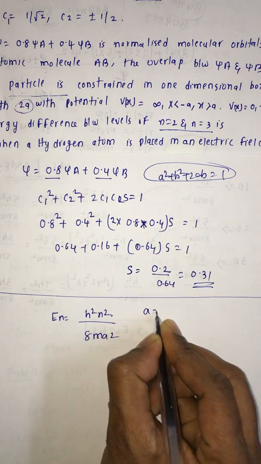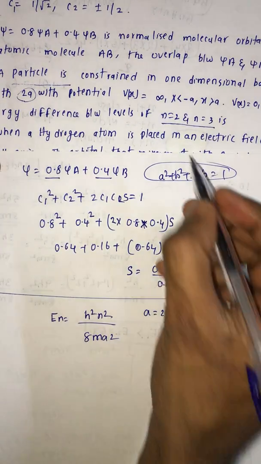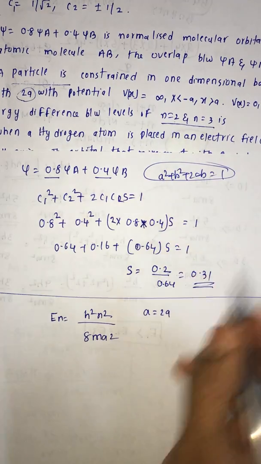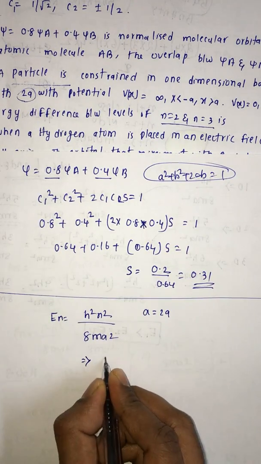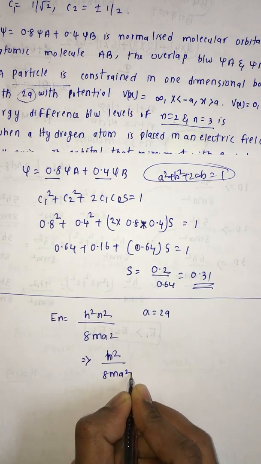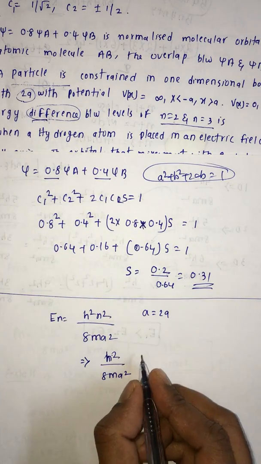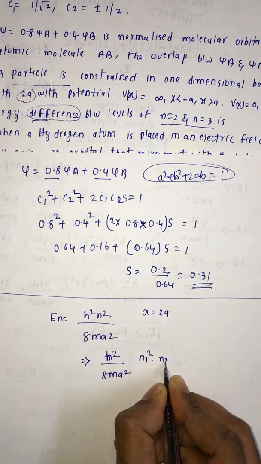So the length is 2a here, which we will substitute here. Now we have energy for 2 and 3, and h square by 8 ma square. Since he said energy difference, we have to use the subtraction, n1 square minus n2 square.